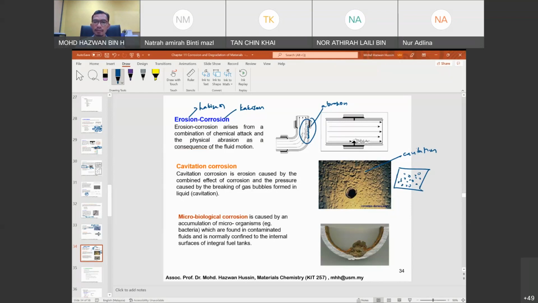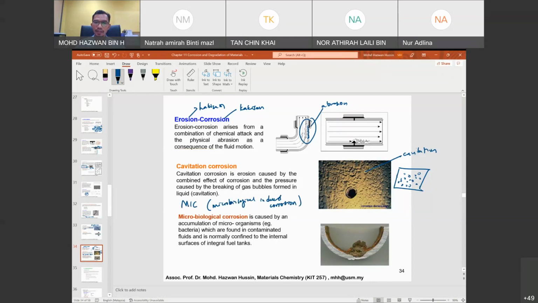Next we have microbiological corrosion, so-called MIC, microbiological induced corrosion.